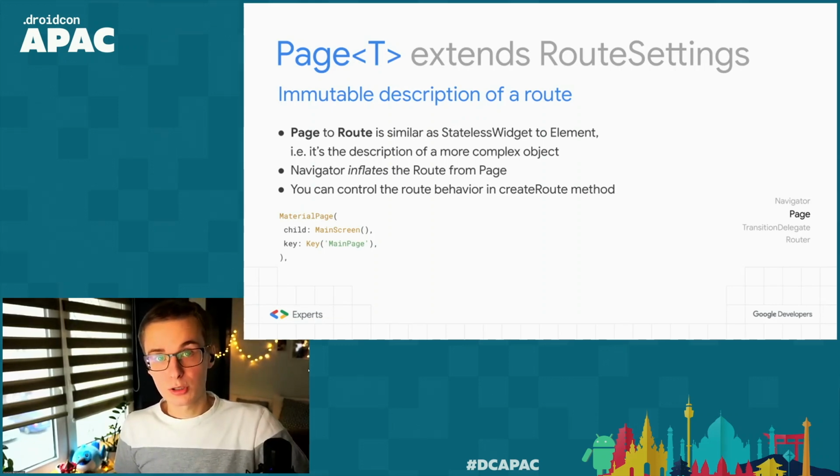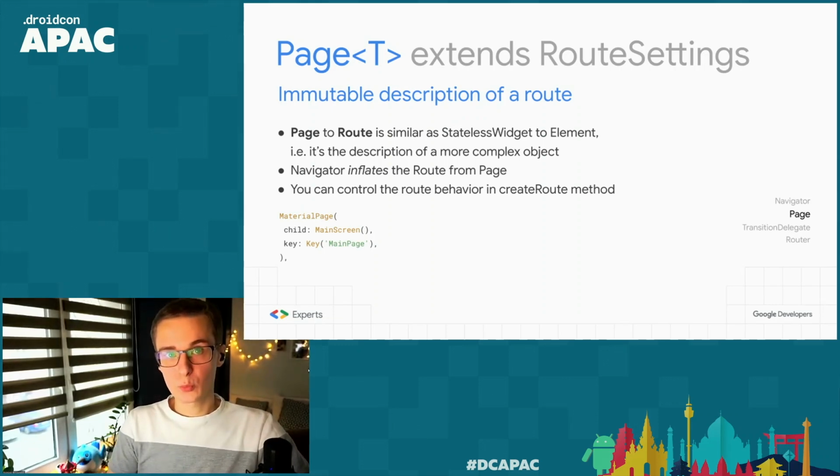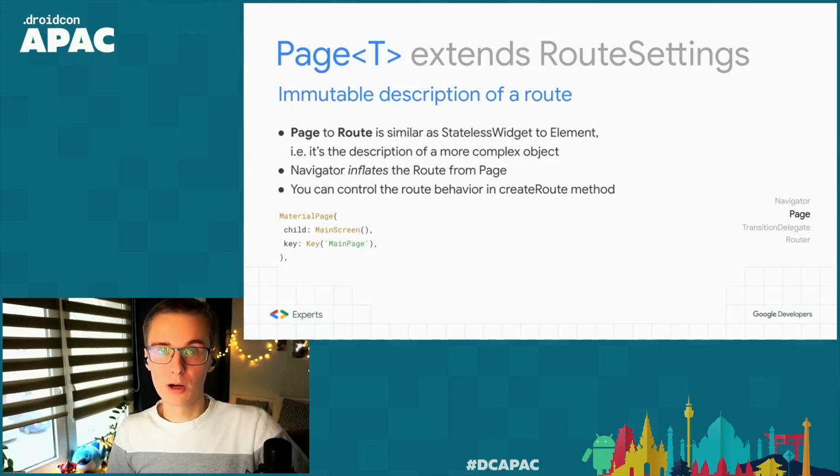The navigator, based on a list of pages, will inflate the routes from pages. You may remember something called MaterialPageRoute. Something similar to MaterialPageRoute will be inflated from the MaterialPage. At the bottom of the screen, you can see I'm using a MaterialPage, which is a built-in type in Flutter, and you can use this MaterialPage to have material transitions.